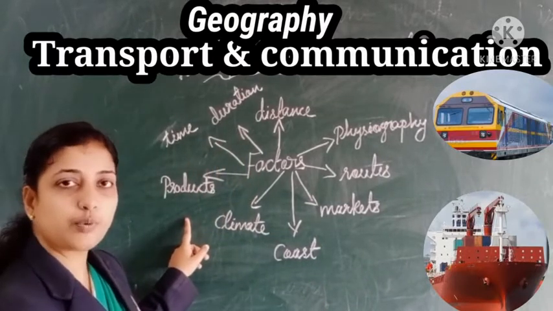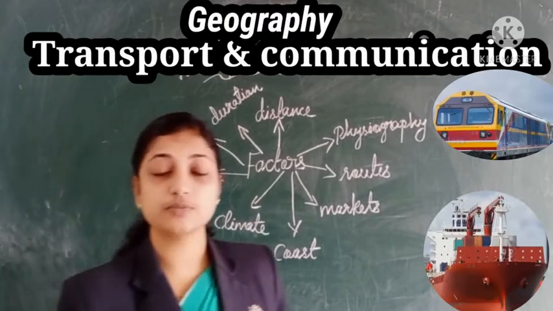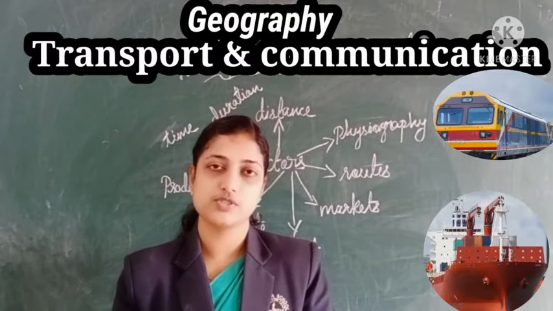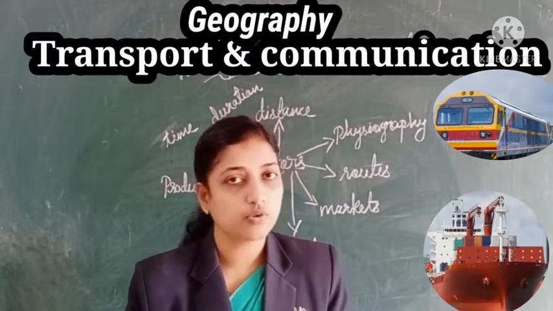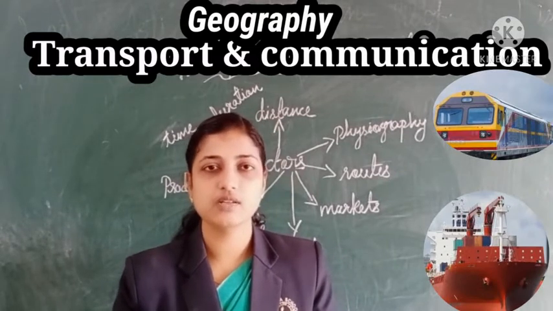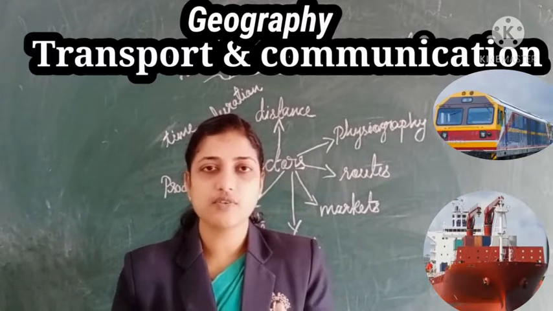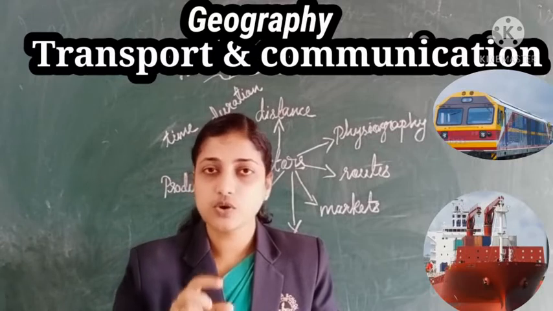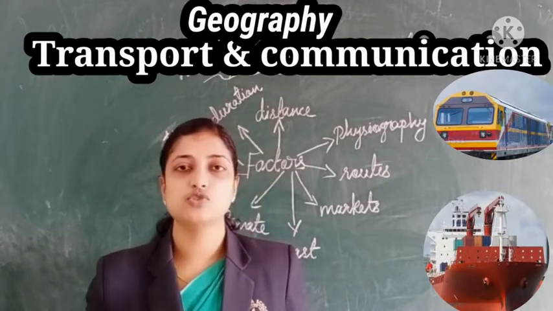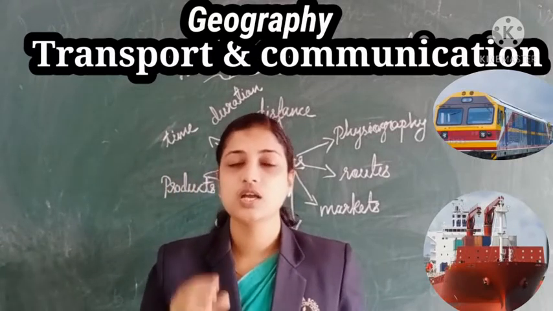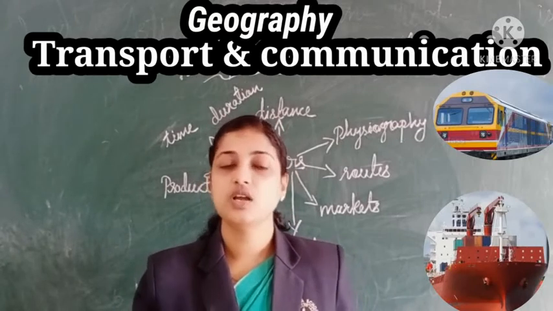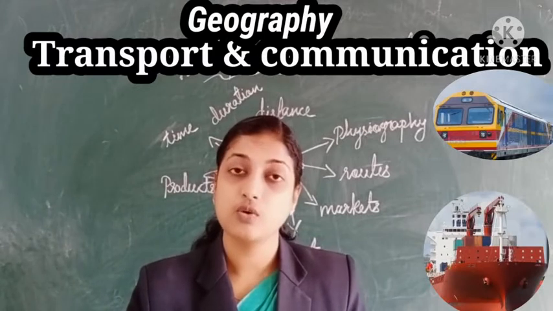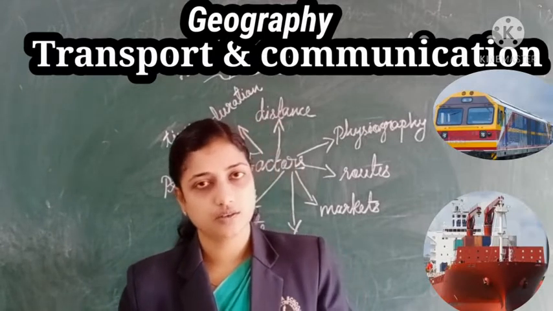Next one is products. According to my product, if I want to export food items like vegetables, fruits and pickles, these all have a particular duration, otherwise they may spoil. So according to that I have to choose the transportation system. Is it good to send my goods through waterway, airway, roadway or railway?